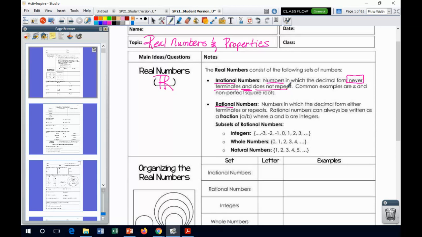Never terminate and does not repeat. All right? So it has to meet both criteria. Rational numbers either terminate or repeat. So they either terminate or repeat.